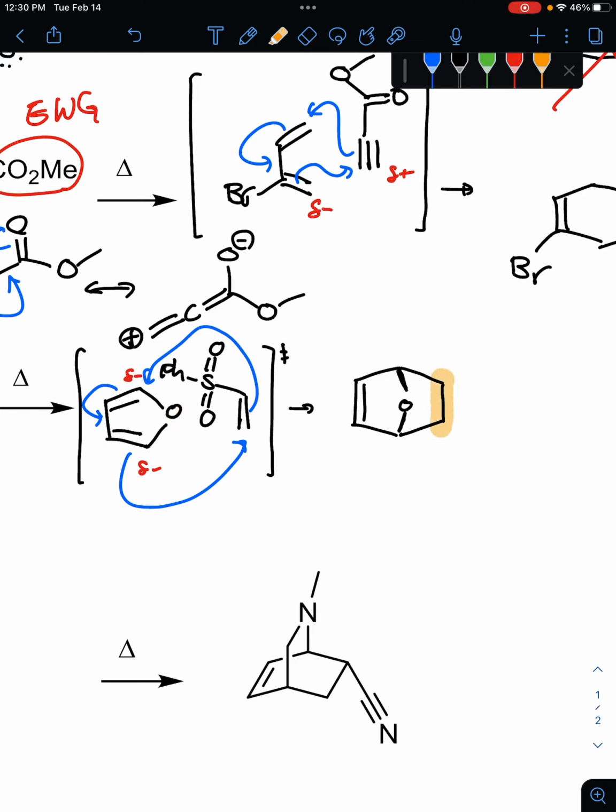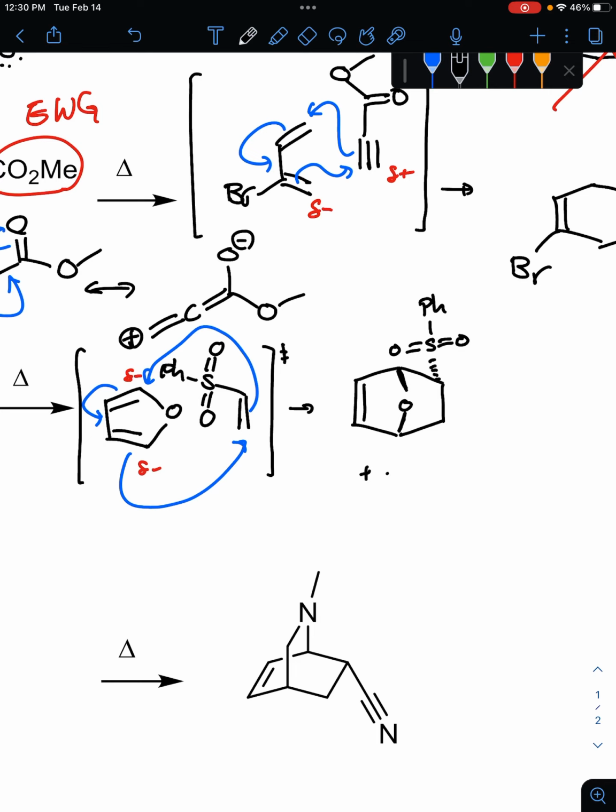And then this is the dienophile, or it was the dienophile alkene. And in the way I'm envisioning this enantiomer, I had the electron withdrawing sulfone group tucked in underneath the furan. So I'm envisioning the enantiomer where the dienophile approached from the top face.